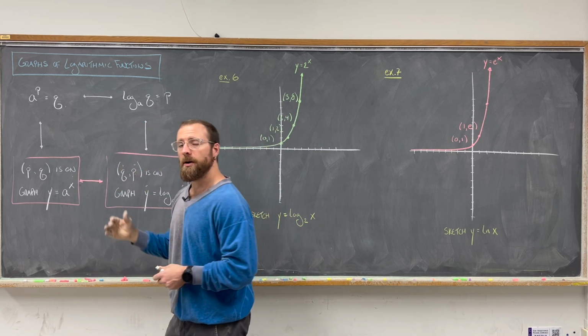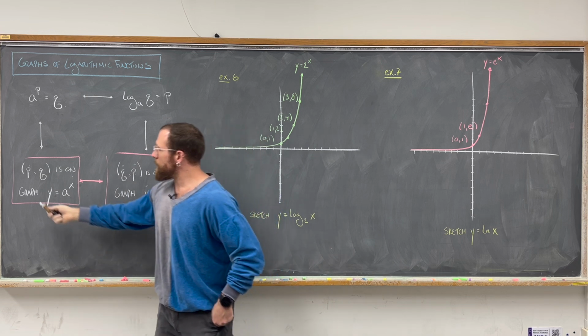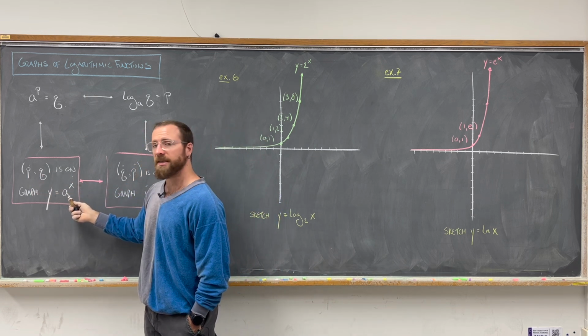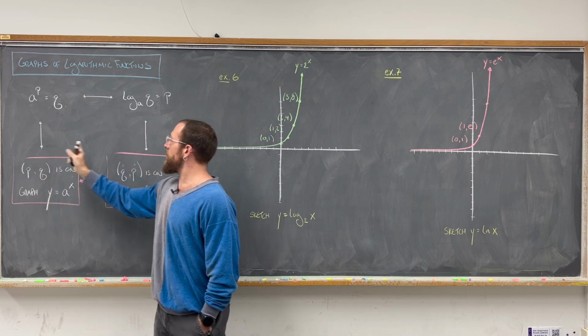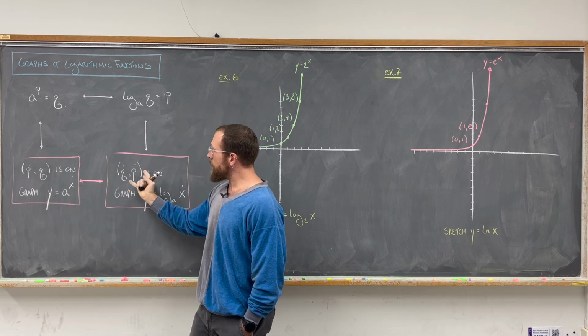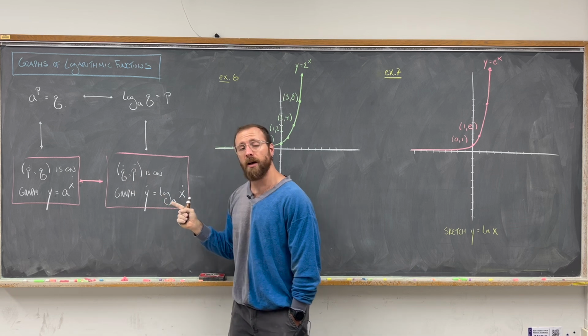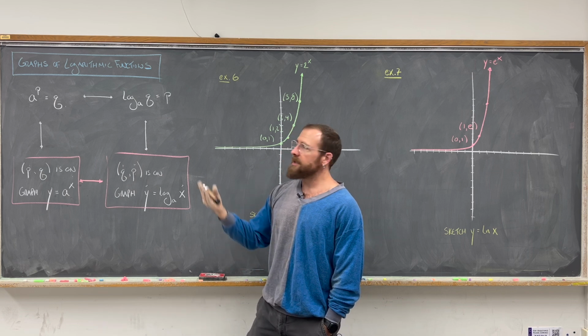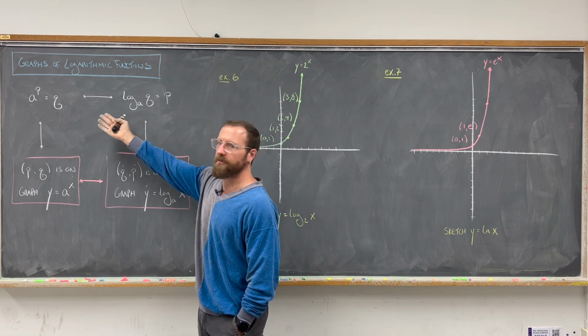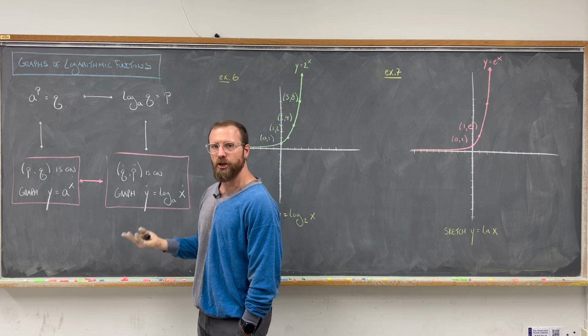And so, cutting straight to the chase, if you have a point that's on the graph of this exponential function, then all you need to do is switch its x and y coordinates, and now you have a point that's on the graph of the logarithmic function with that same base. This is true not just for these pairs of functions, but for inverse functions in general.